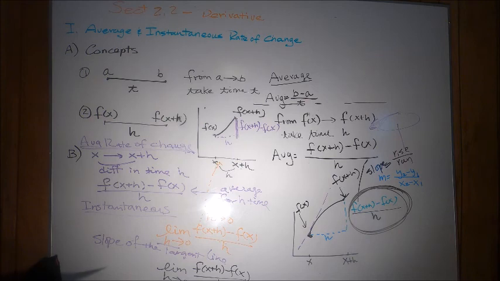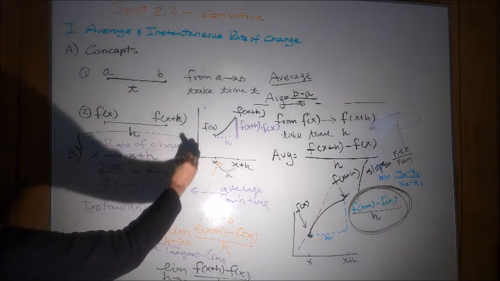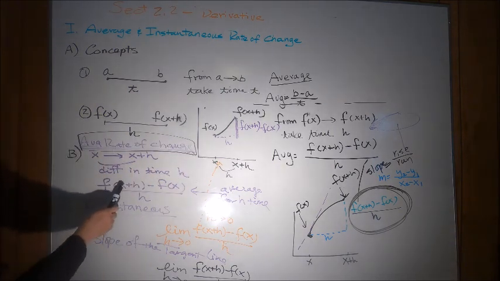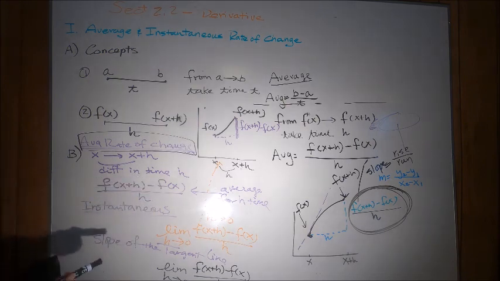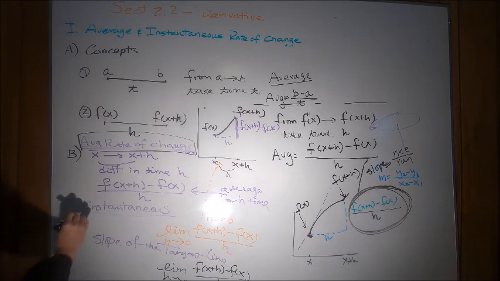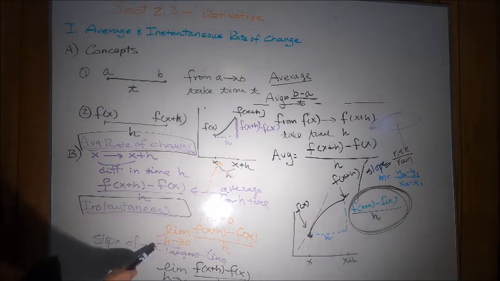Okay, so we introduced 3 concepts. One is what? Average rate of change. Average rate of change, right, is what? The difference between y over the difference between x. The instantaneous rate of change at that instant, then you apply the concept of limit.